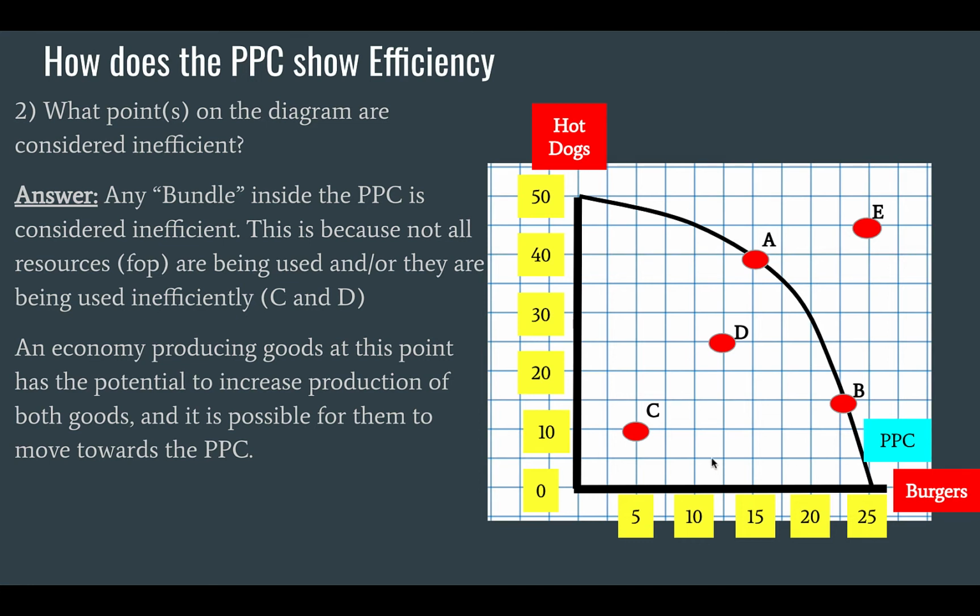And why are these things inefficient? Well, an economy producing goods at either C or D simply has the potential to produce more, and if we produce more we can consume more. If we produce more, either at point A or point B, or let's say somewhere over here, we would have more of both goods.